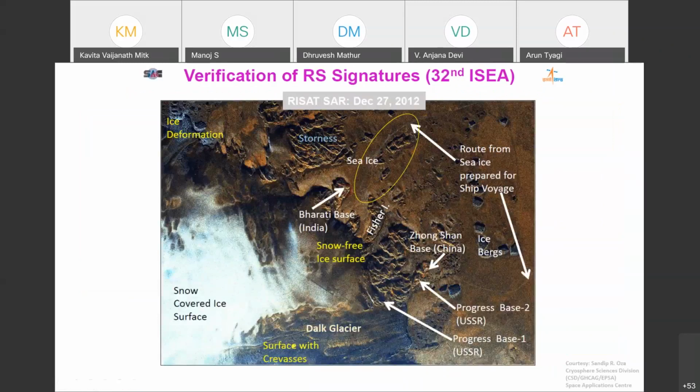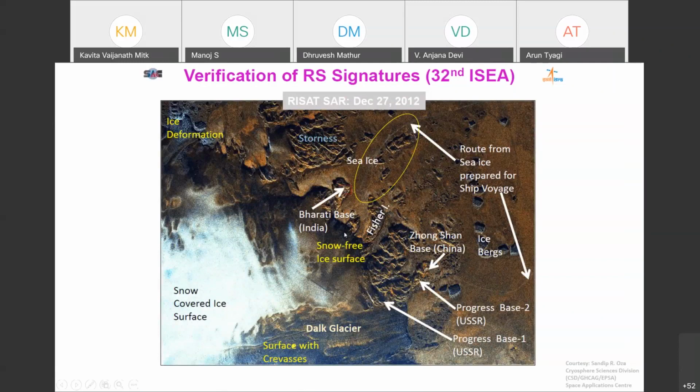We have also used the RISAT data for evaluating the sea ice signatures. This is a RISAT image of December 2012.